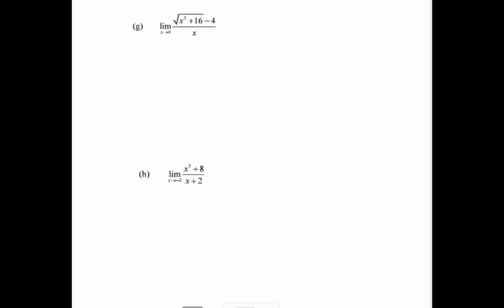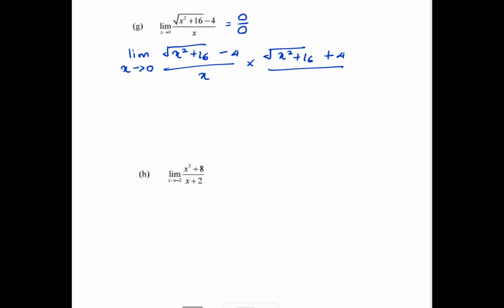Okay, question G also the same thing. If you substitute directly, you can get 0 divided by 0. Since your function involves a square root, you must multiply by the conjugate. Limit as x approaches 0 of (square root of x squared plus 16 minus 4) divided by x, times the conjugate (square root of x squared plus 16 plus 4) divided by (square root of x squared plus 16 plus 4).